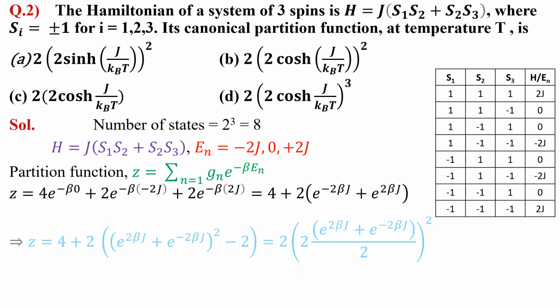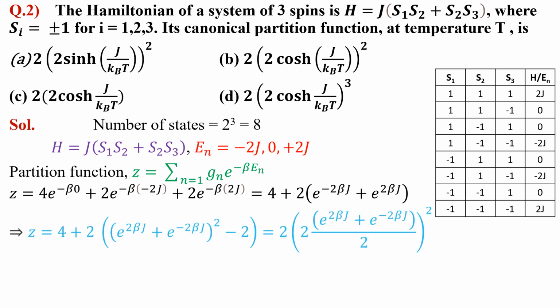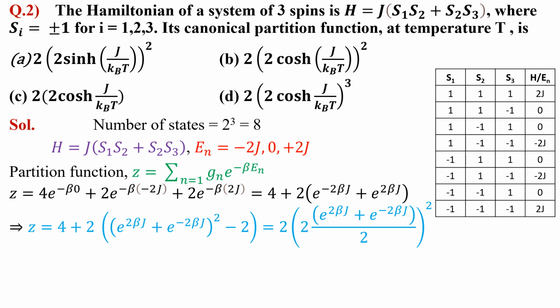So we rearrange and write it in compact form: the partition function of the system Z equals 2 times cosh of J over kBT, squared.